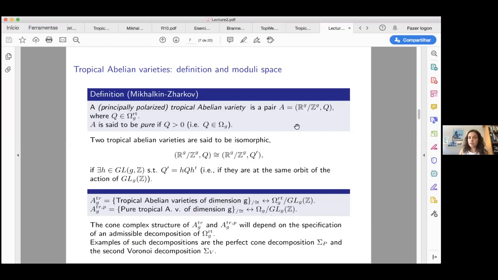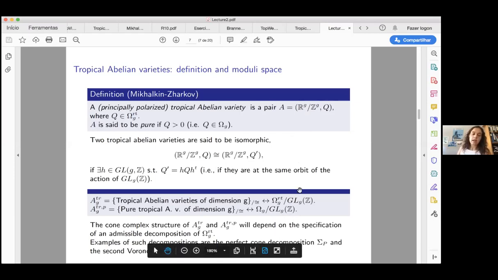The reason for defining them like this is that it's analogous to the situation of complex abelian varieties in the classical situation. So this is maybe one reason why one can think of defining A like this.